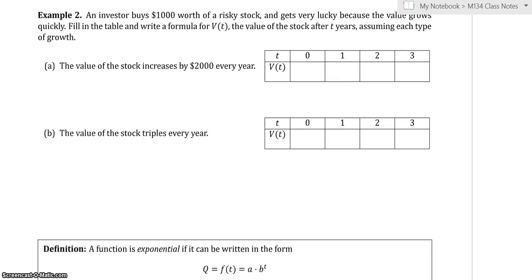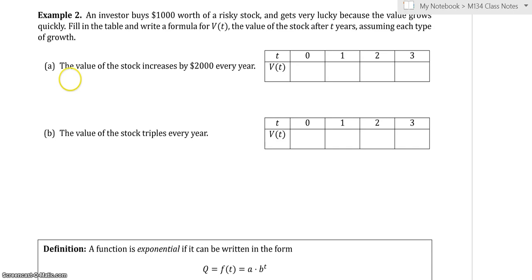So now let's go back to example 2. An investor buys $1,000 worth of a risky stock and gets very lucky because the value grows quickly. Fill in the table and write a formula for V of t, the value of the stock after t years, assuming each type of growth. First, let's define our variables.